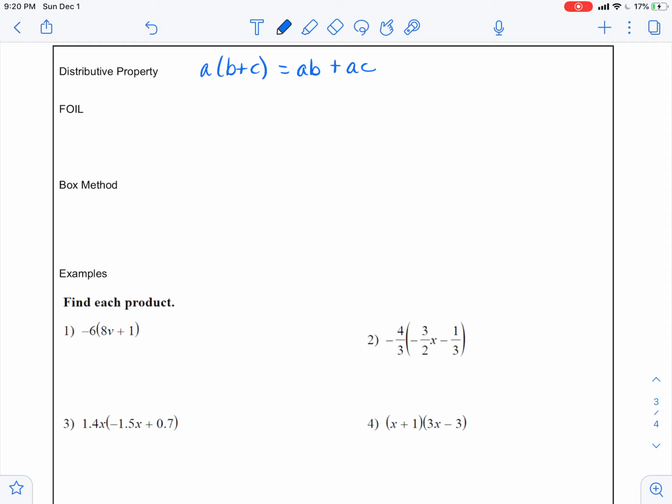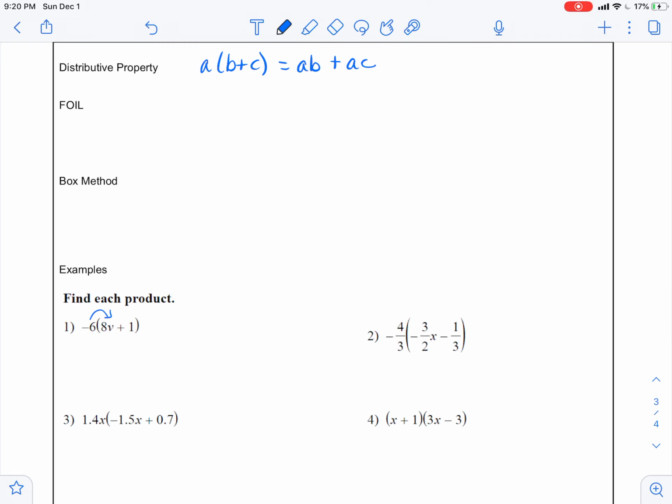And so again, on number 1 here, if we are doing distributive property, we're going to take a -6 times both of these numbers, which in this case would be a -48v minus 6. Okay, now I've given you just a little bit harder one here because we do need to be able to do distributive property with fractions. And the thing about this one, if you need to come to the side and multiply your fractions, you can do that.